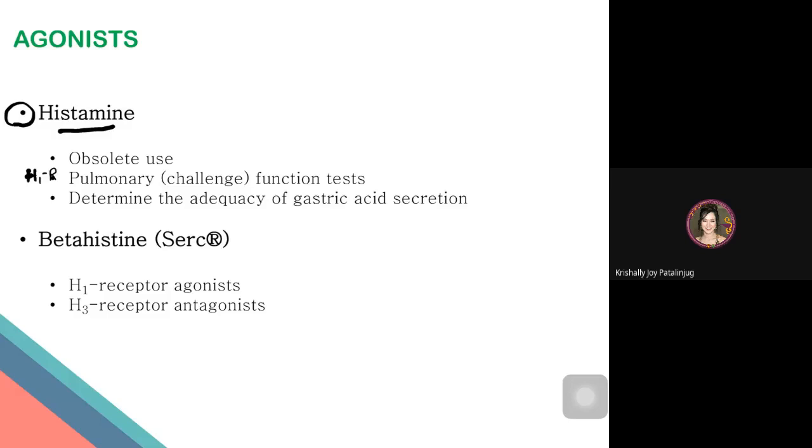That is why ginagamit siya before as pulmonary function tests. Okay? Mura siya provocative test, kumbaga. Provocative test from the term itself, iyahang gina-provoke niya ang certain organ, particularly the bronchial smooth muscles, para ma-determine how well the bronchioles is functioning. Okay?